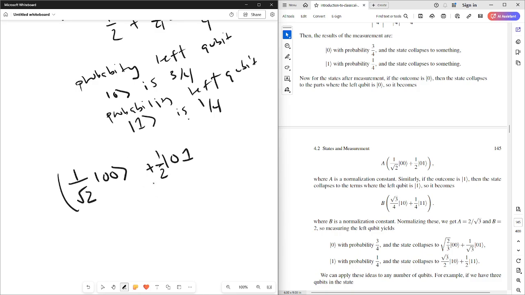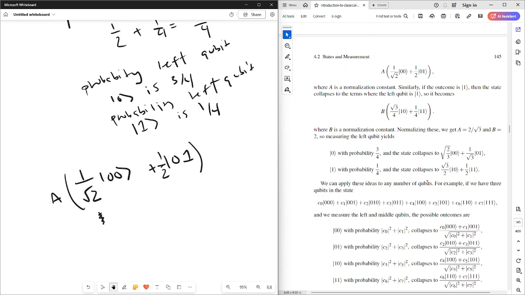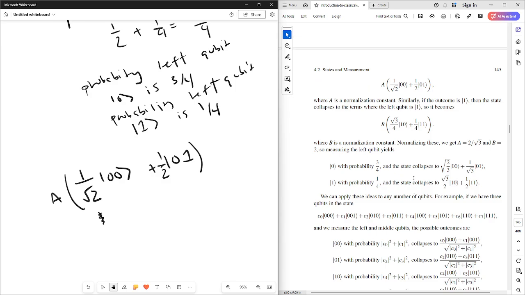So we can find a normalization constant, A, that normalizes these so that when we take the norm squares, they'll sum to 1. So when we measure 0 with probability 3/4, the state collapses to this guy.